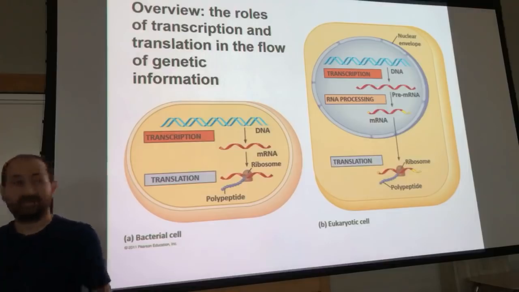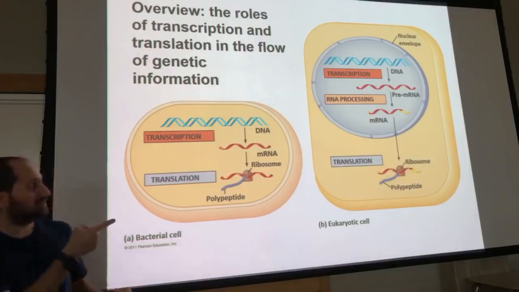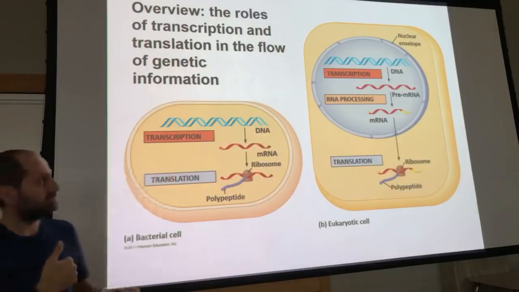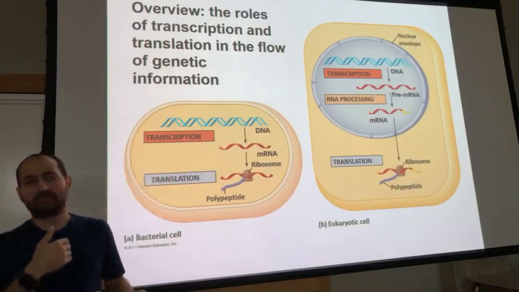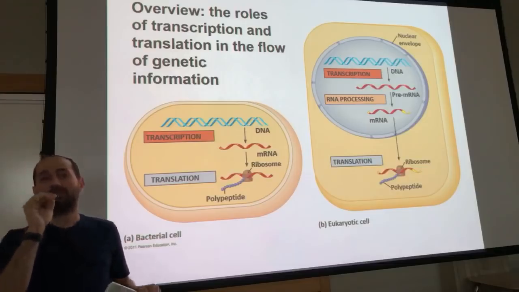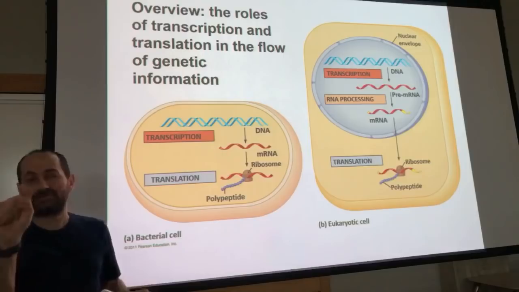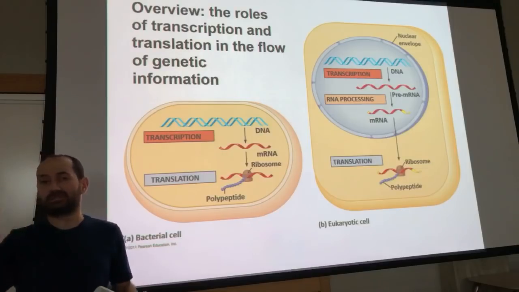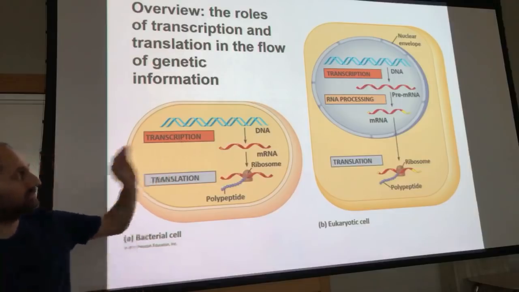Is that clear? And in the eukaryote, see on the left, or my left, your right, the eukaryotic cell has a nucleus, doesn't it? And the DNA is inside of there. So transcription has to happen in the nucleus. Translation happens in the cytoplasm. And so it's separated by space and time. Transcription happens first in the nucleus.